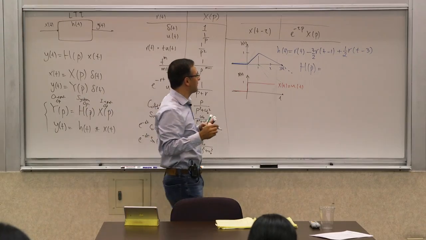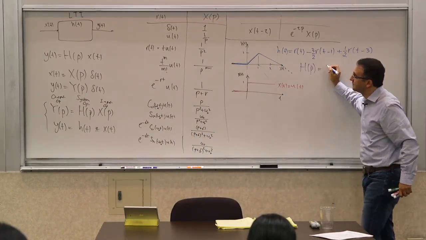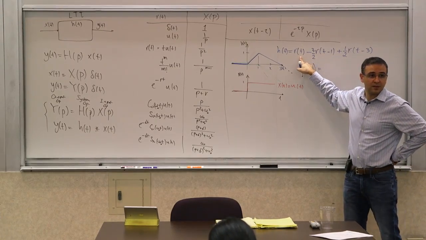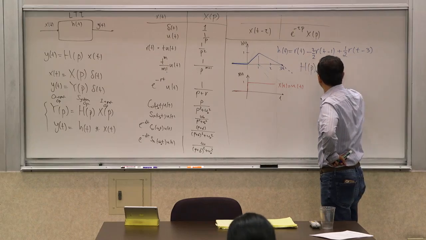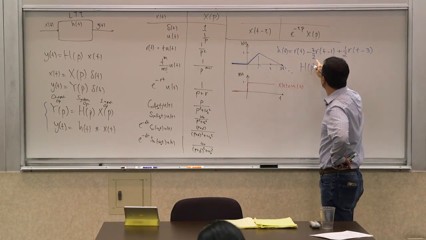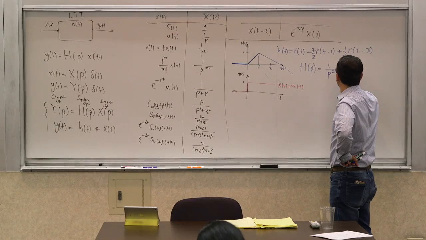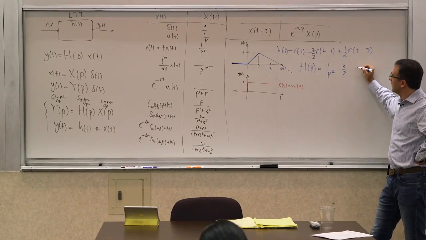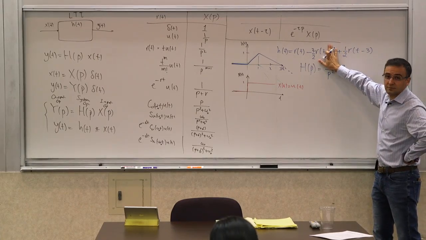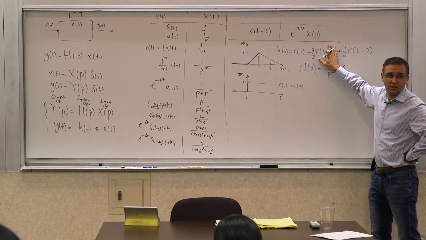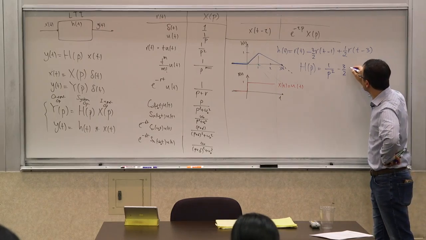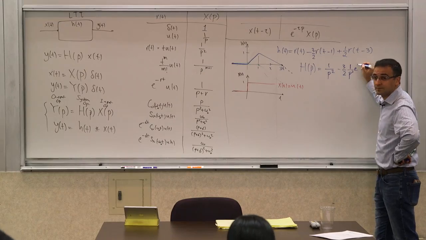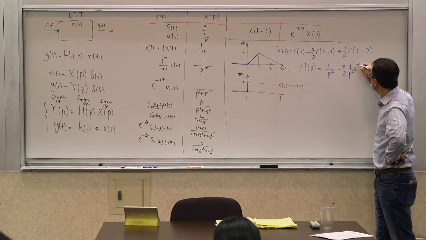So help me out. What is the first term? What is the term associated with this? 1 over p squared. What is the term associated with this? What would it be if it didn't have the delay? It would be 3/2 times 1 over p squared, right? So now what is it? It's going to be that times an exponential, e to the minus p.